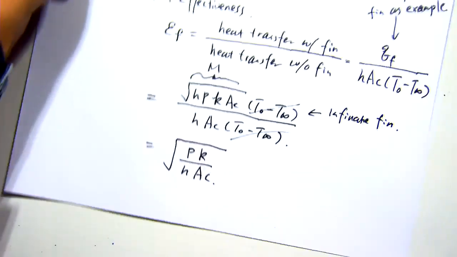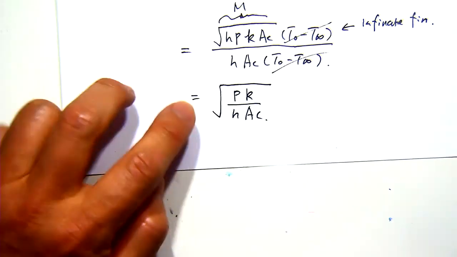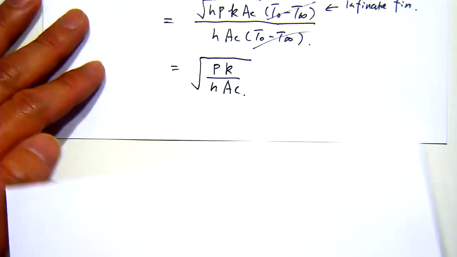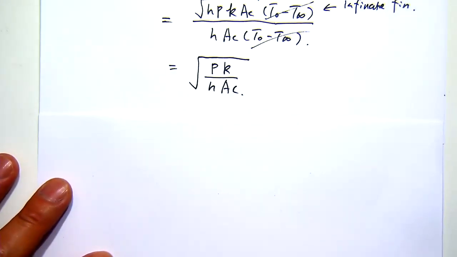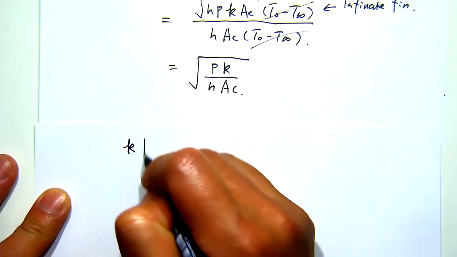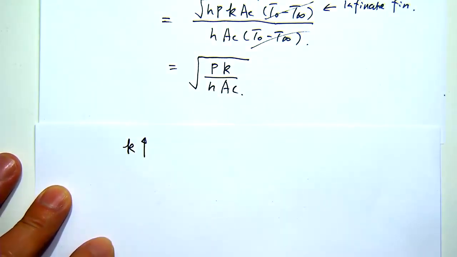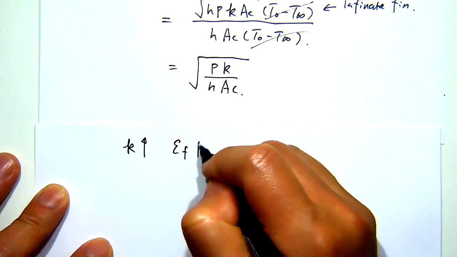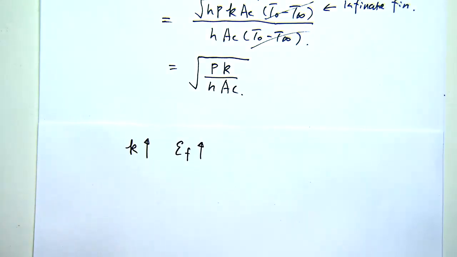So let's look at what different impact each can have here. When k increases, k being the thermal conductivity of the fin material, the fin effectiveness must go up. This is straightforward to understand.